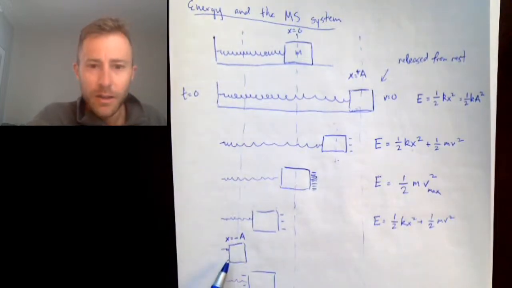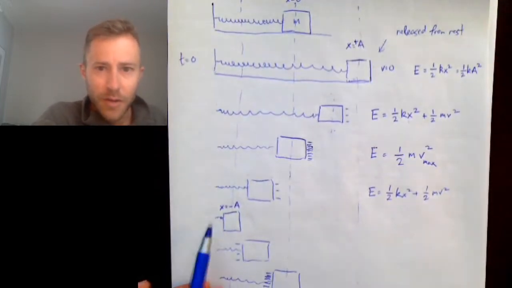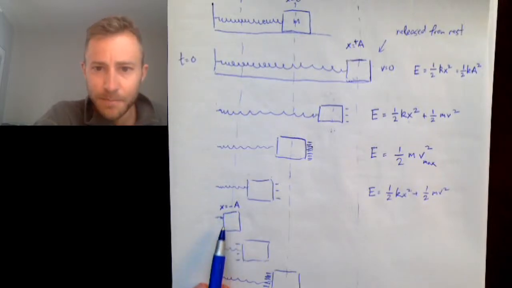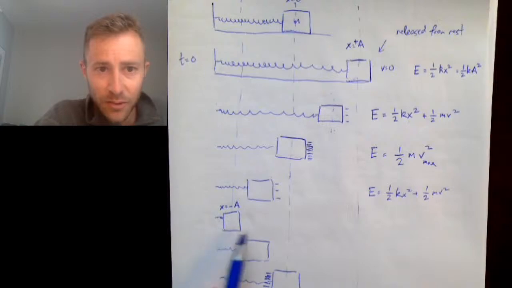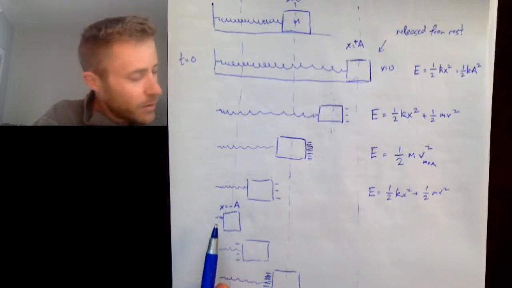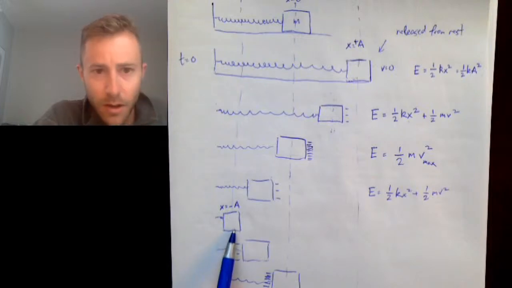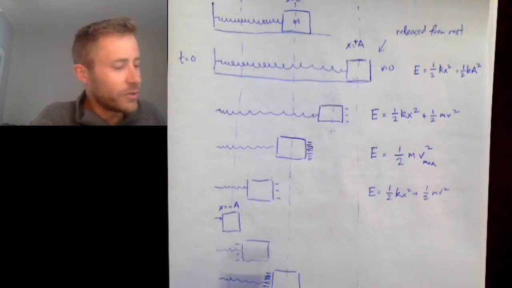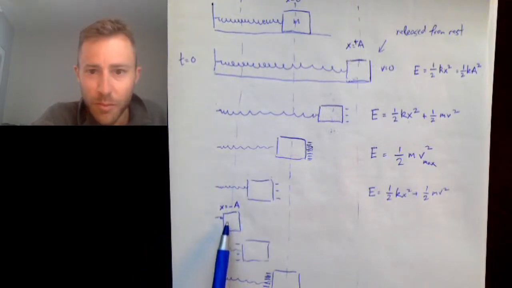Here, at the other side of the motion, the position is minus A, and the mass has no velocity at this instant. Why is that? Well, if it did have velocity, it would keep compressing the spring, and this is the leftmost extreme point.